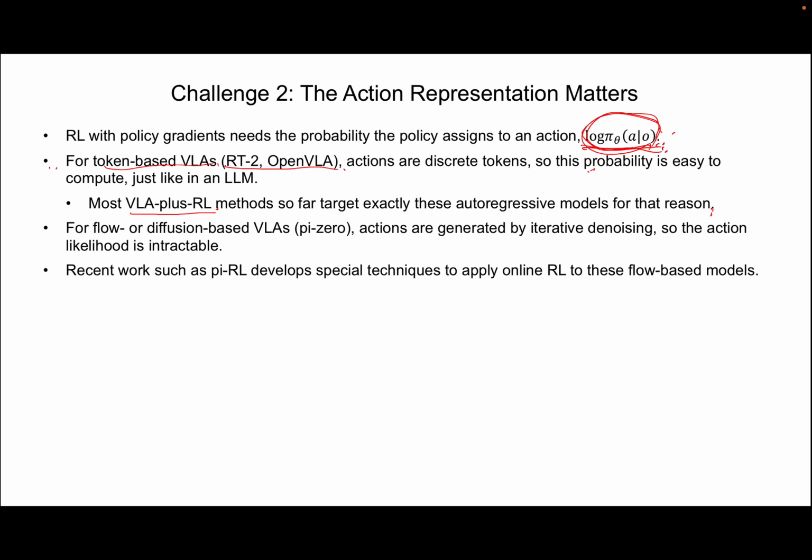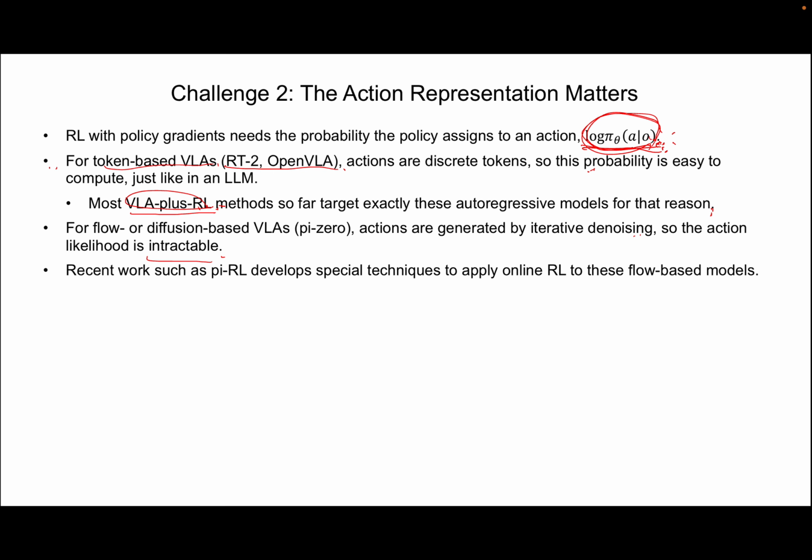On the other side, we have flow or diffusion-based VLAs like Pi0. These are continuous VLA models, where actions are generated by iterative denoising, so the action's likelihood is intractable. We cannot easily get likelihood for flow or diffusion-based VLAs, which is why recent VLA plus RM methods target discrete token-based VLA models instead.